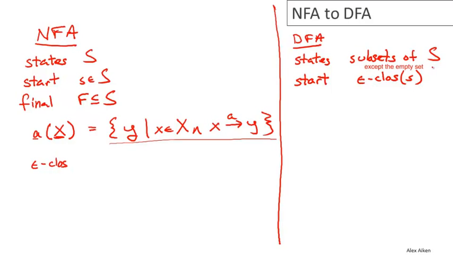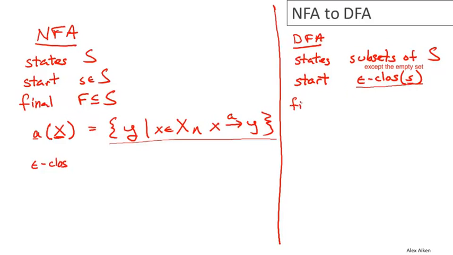So each individual state of the DFA tells us a particular set of states the NFA might be in. Well, which set of states might we be in at the beginning? Clearly the NFA starts in its own start state, but then before it reads any input, it can make epsilon moves. And so the actual set of states it could be in before it reads the first input symbol is exactly the epsilon closure of its start state.